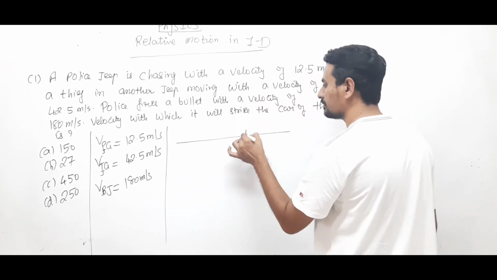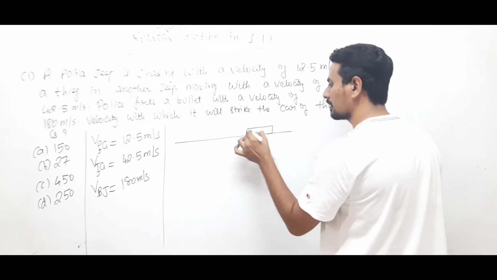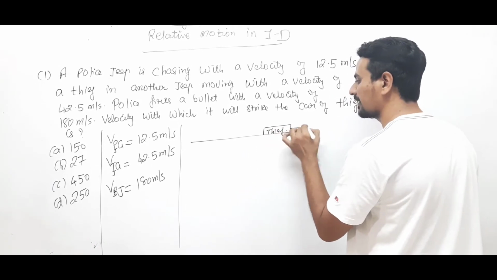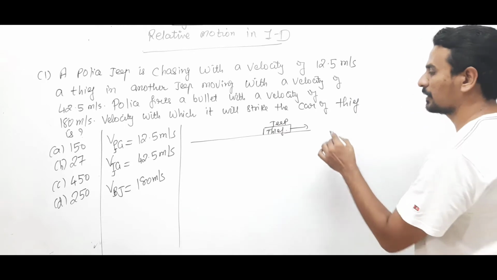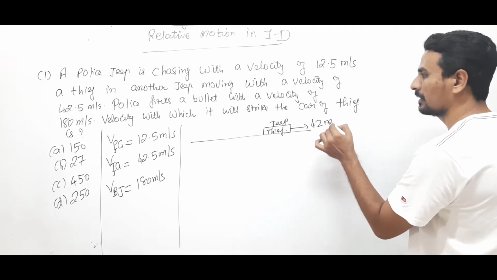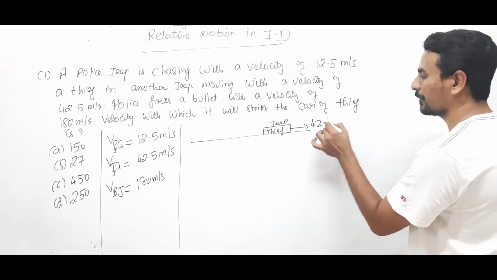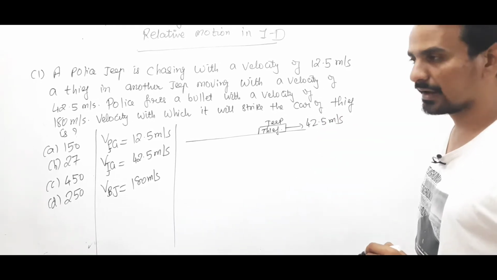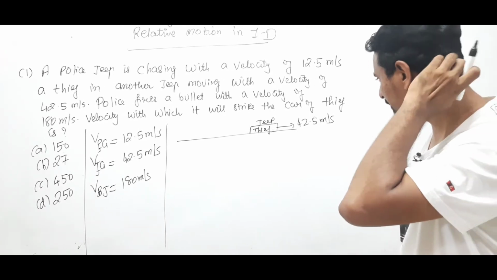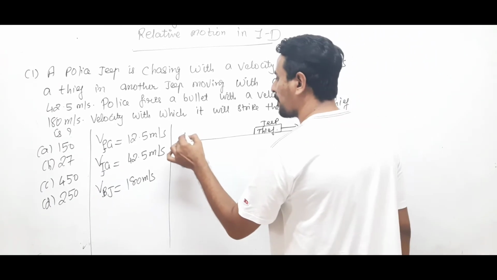See, the thief is inside this jeep and the velocity is given as 42.5 meter per second. So the thief is moving in a jeep with a velocity of 42.5.